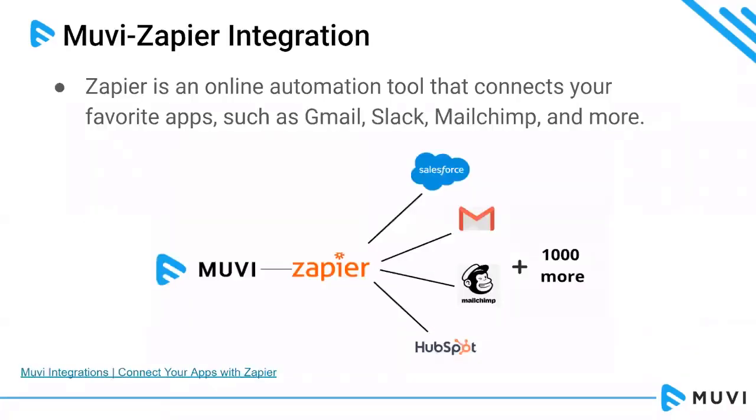Zapier is interesting because we are on Zapier, and we have only certain events as of now. For all the CRM systems like Salesforce and HubSpot, if you want to migrate the user list from Movie to Salesforce, you can do that, and vice versa.